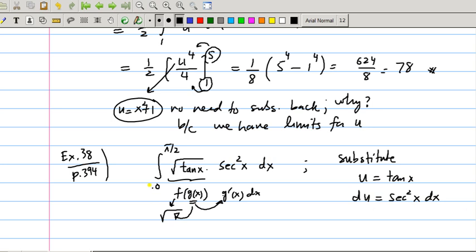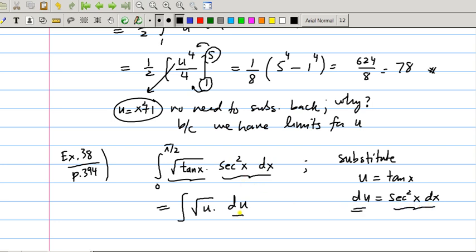So now you see this will become square root of u, and this whole thing becomes du. Agree? See, this secant square x dx is du.